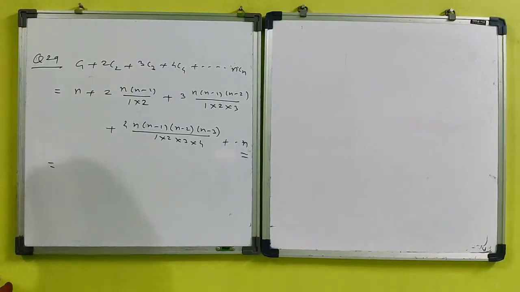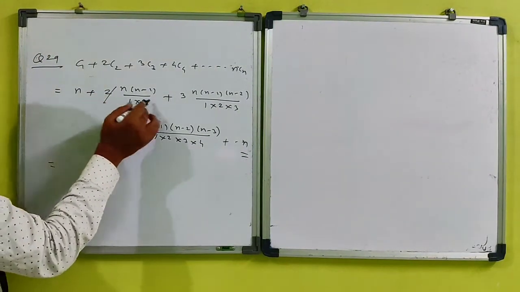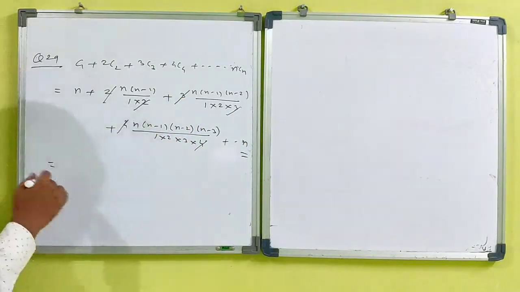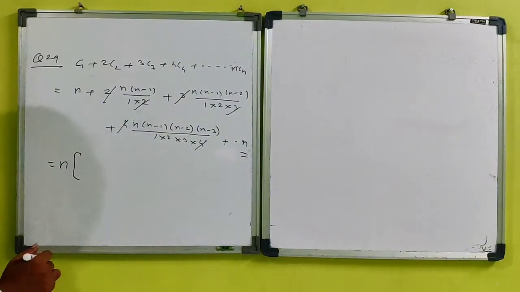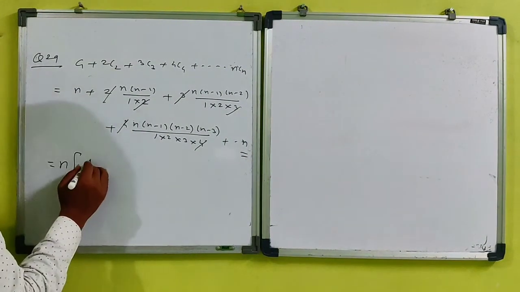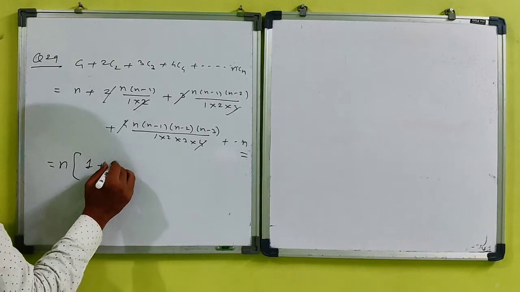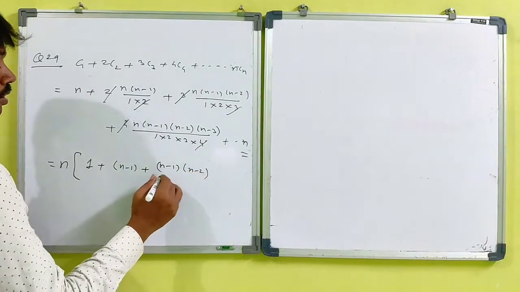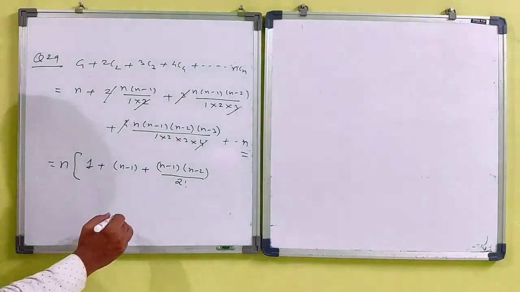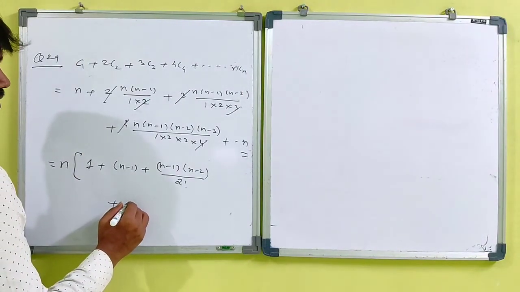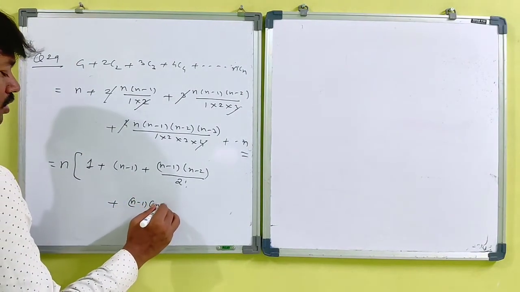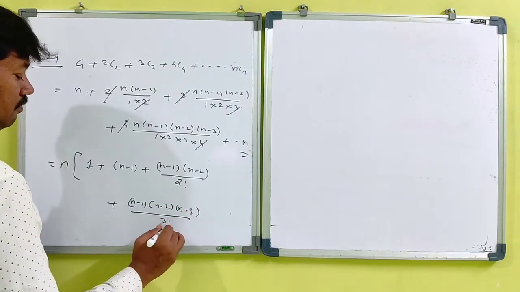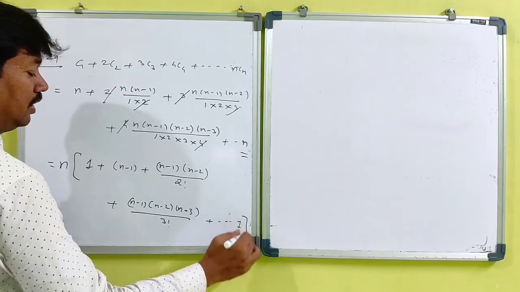Now clearly this 2 and this 2 cancel, this 3 and this 3 cancel, this 4 and this 4 cancel. If you take n common, what remains inside? After taking n common, it is 1 plus n minus 1 plus n minus 1, n minus 2 upon 2 factorial, then n minus 1, n minus 2, n minus 3 upon 3 factorial, and so on, plus 1.